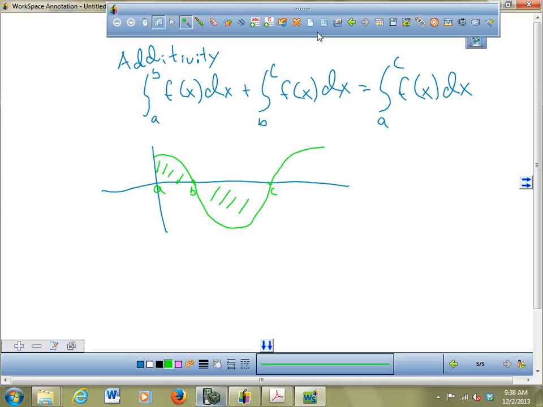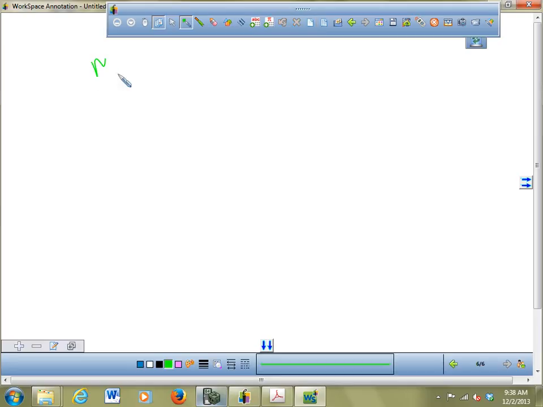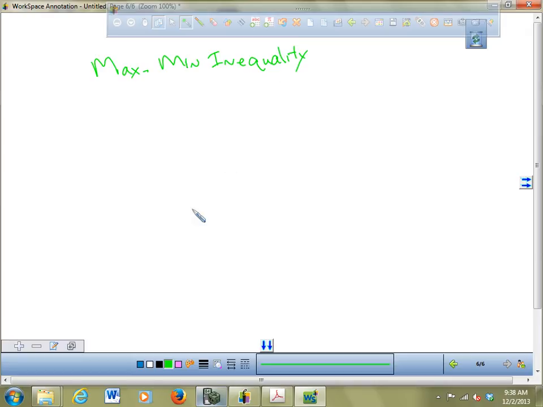The max-min inequality. This is the first time I saw this, but this leads to the average value theorem.